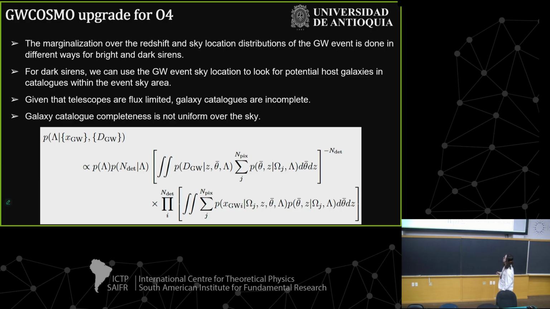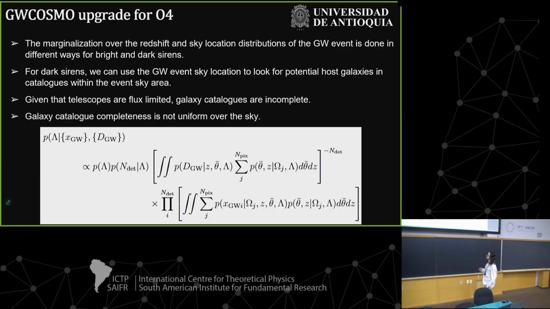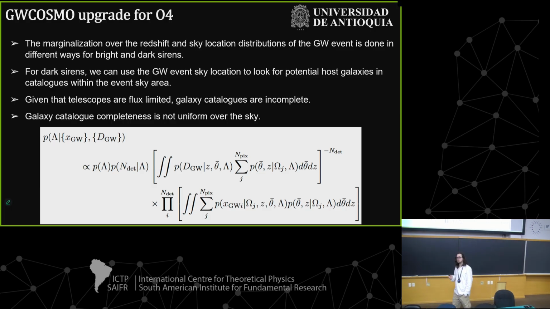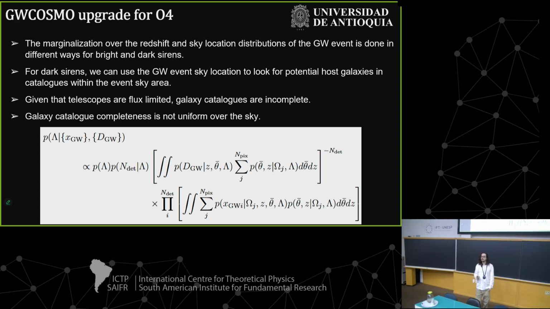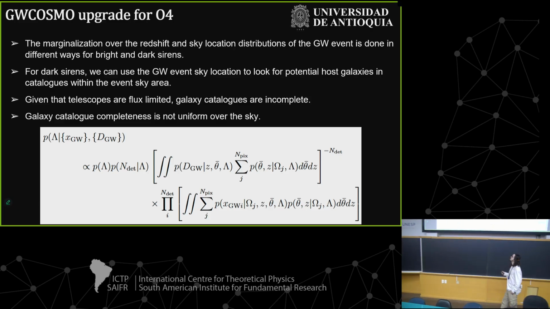This is also important because telescopes are flux limited, so galaxy catalogs are incomplete, and this incompleteness is different across different regions of the sky. The pixelization helps you take all those things into account in a more straightforward way.